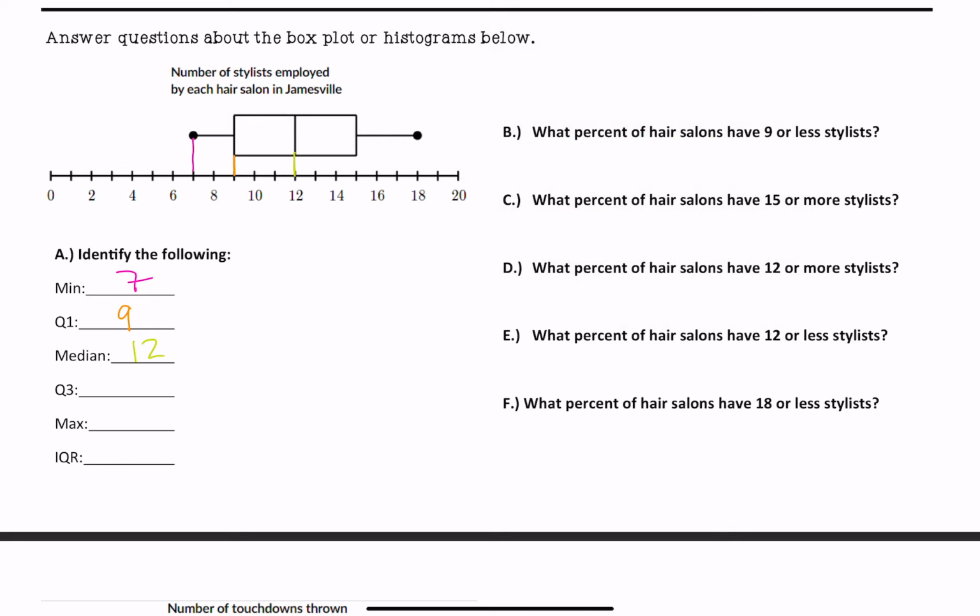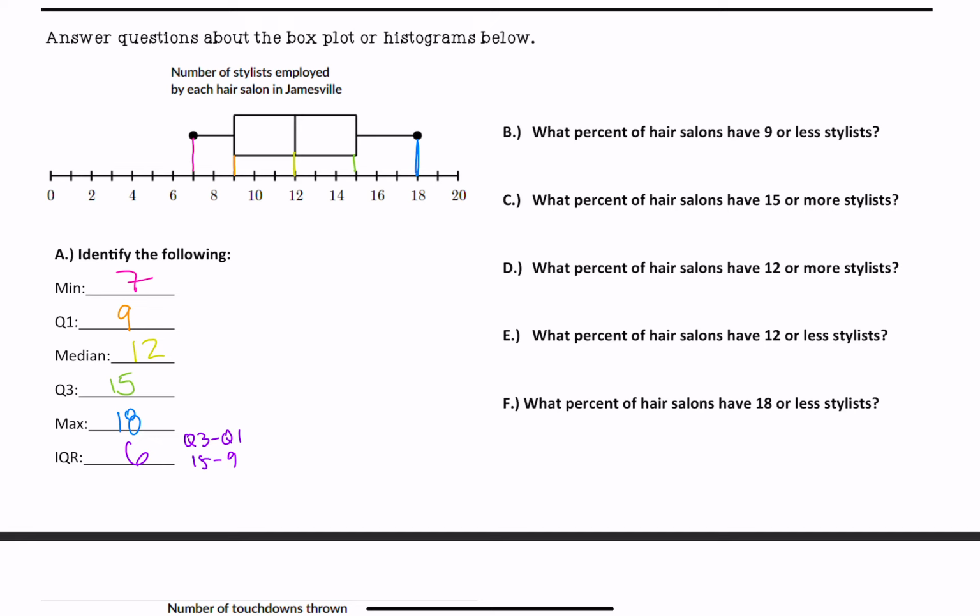Then we have Q3, which is 15. Bell's about to ring. And then our maximum is 18, which leaves us with our IQR. So that's going to be, again, Q3 minus Q1, which is 15 minus 9, which, hey, look, a 6. Look at all these IQRs with the 6.